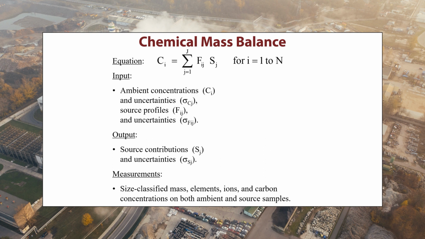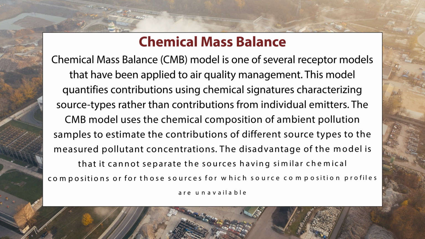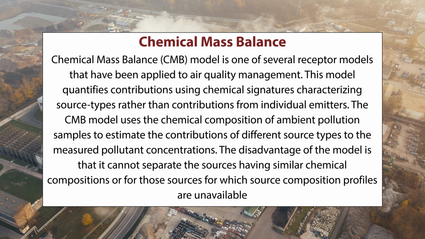So here, the chemical mass balance is one of the commonly used receptor models. And this model quantifies the contribution using the chemical signatures characterizing the source types, rather than the contribution from individual emitters. So the CMB model uses the chemical composition of the ambient pollution samples to estimate the contribution of different source types to measured pollutant concentrations.